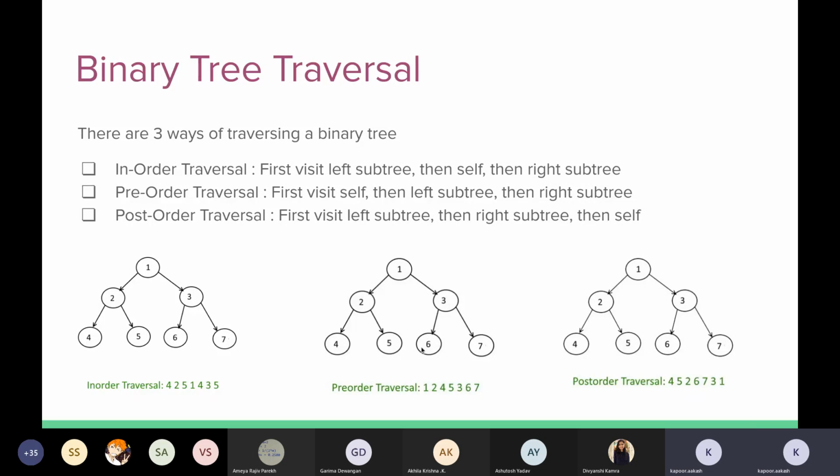For 6 it will first print the self of 6, which is 6, tries to go to left of 6, which is nothing, right of 6, which is nothing, 6 is completed, goes up. Self of 3 was completed earlier, left of 3 is completed, and it will go to right of 3 and print 7 first, then tries to go to left of 7, nothing, and right of 7, nothing.